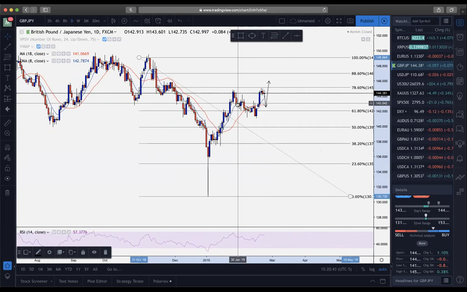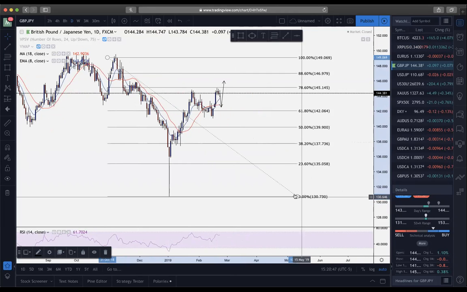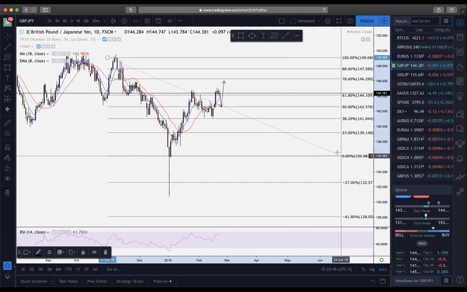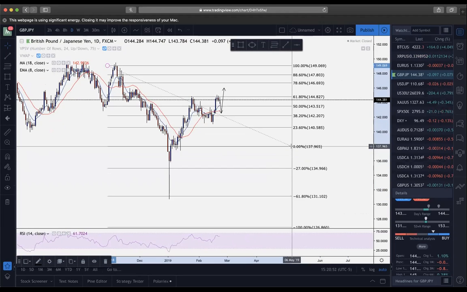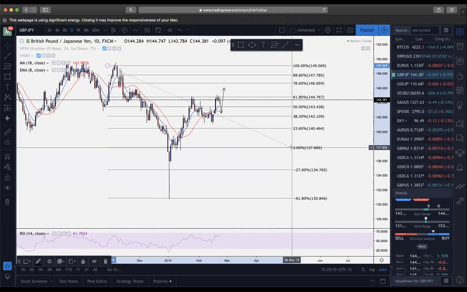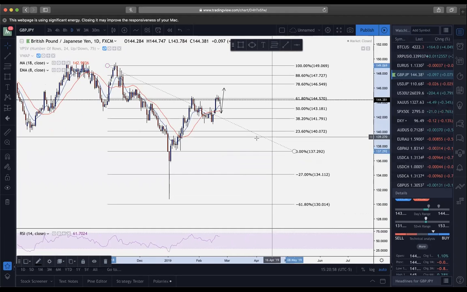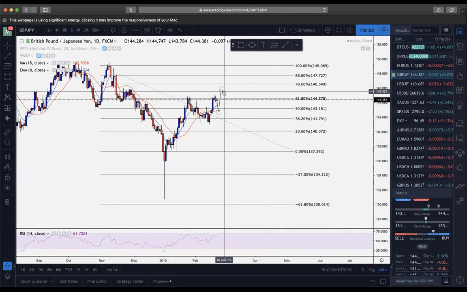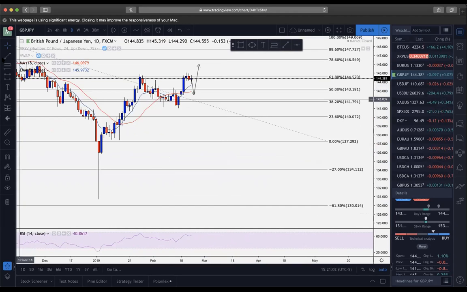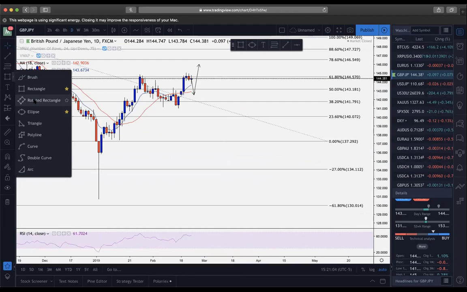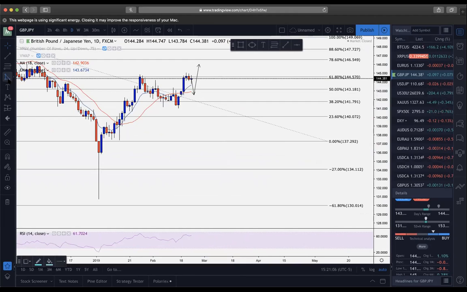Yeah, there's a lot of what ifs with GJ right now. That manipulation is just so dirty. Because if you look at it from here, it's like perfect 61.8. You got like a double top.